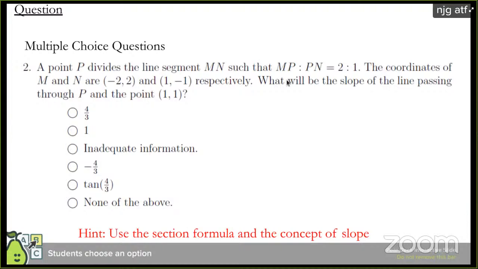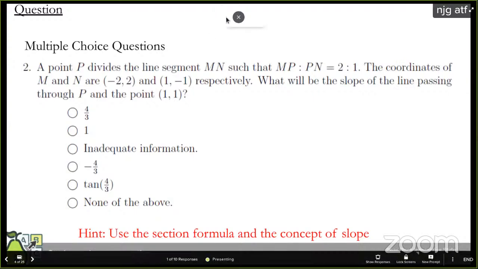The coordinates of M is minus 2 comma 2 and N is 1 comma minus 1 respectively. So we are asking what will be the slope of the line passing through the point P and the point 1 comma 1. So you have to use this section formula and later apply the concept of slope and just choose the option which you feel is right.